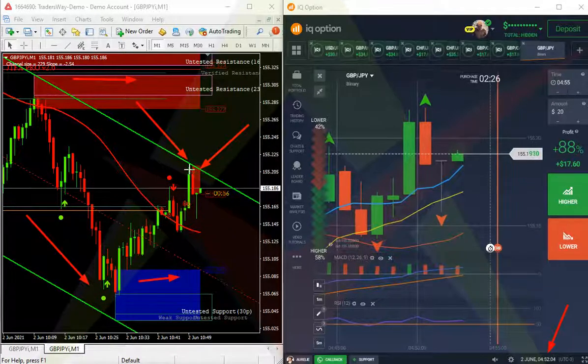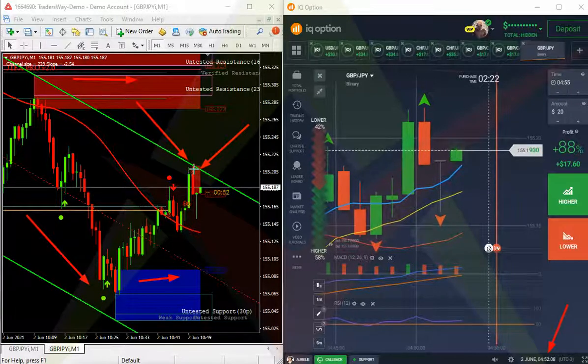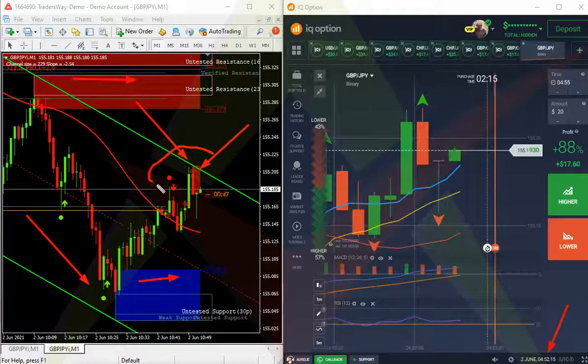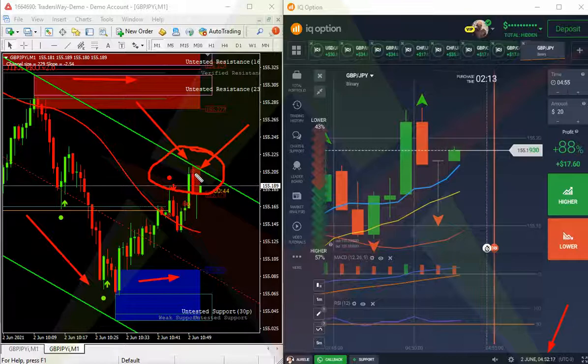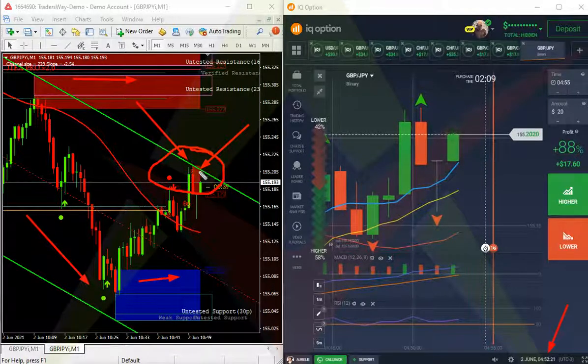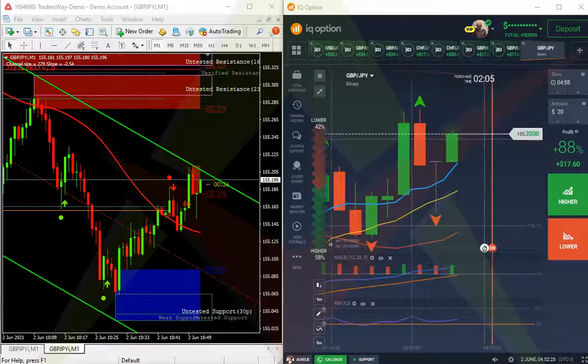So if you have this trend line together with the formation of a red zone, what you are really getting is confirmation of the market reversing at that newly formed red zone. So for me, that's a good place for an entry.